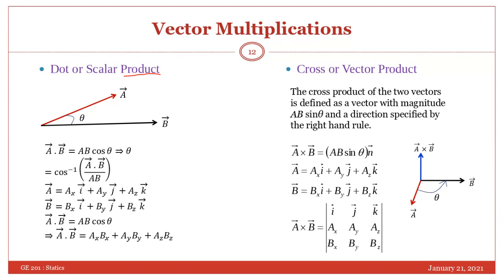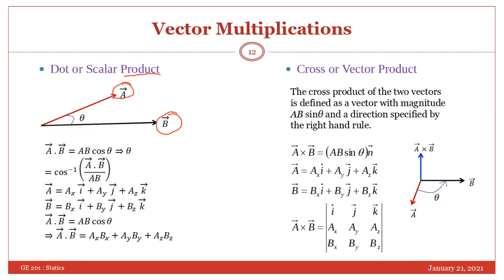Suppose this is vector A and this is another vector B, which make an angle of theta between them. Vector A dot vector B is defined as A into B cosine theta, where A and B are the magnitudes of vector A and vector B, and cosine theta is the cosine of the angle between them.